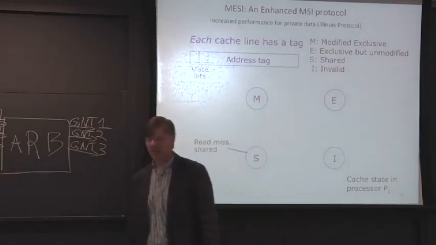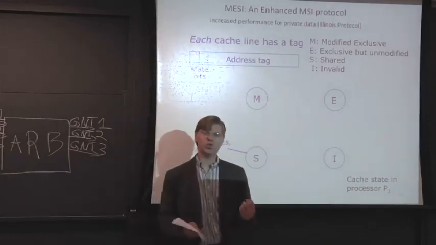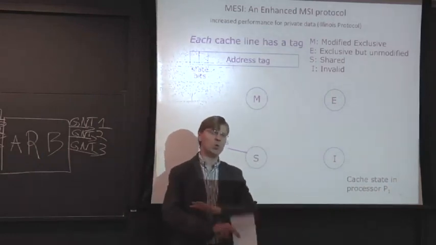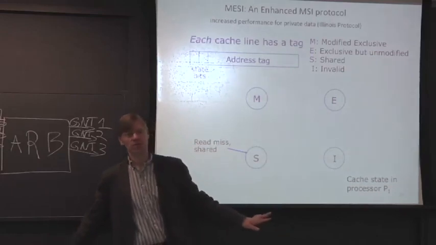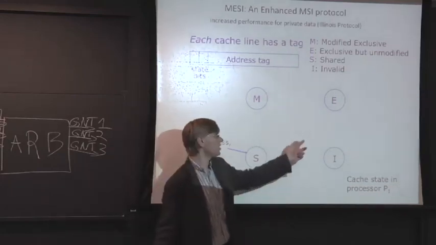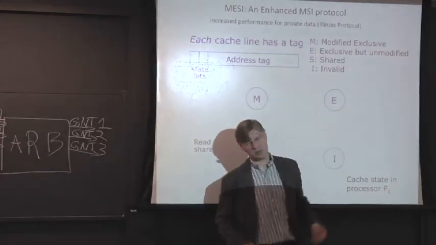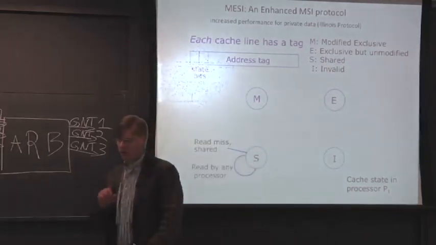This is in contrast to if you try to do a read miss, but no one else has a copy right now. Because if no one else has a copy, we're actually going to transition straight to this exclusive state. But we'll get there in a second.